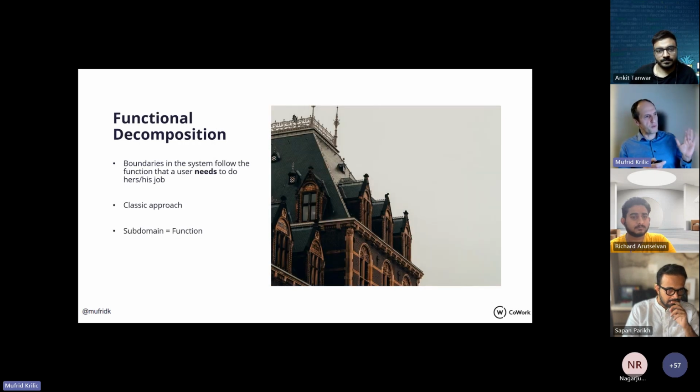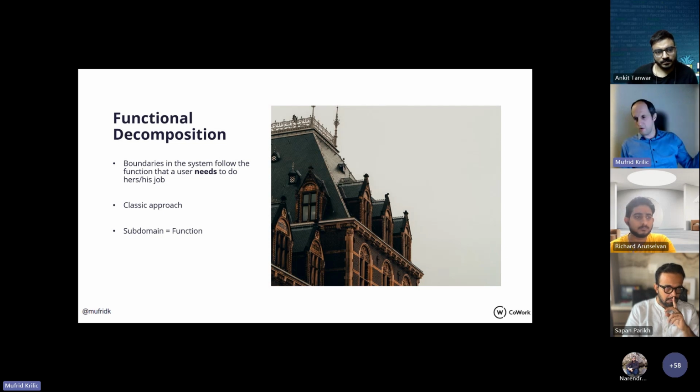The first approach to modeling was functional decomposition, and this is what I guess everyone has experienced at some point in their career. We map the functions that a user needs to do to perform his or her job, and then we model according to these functions.